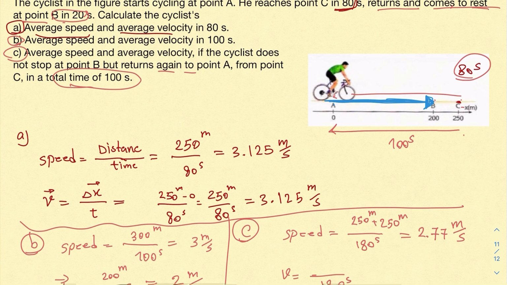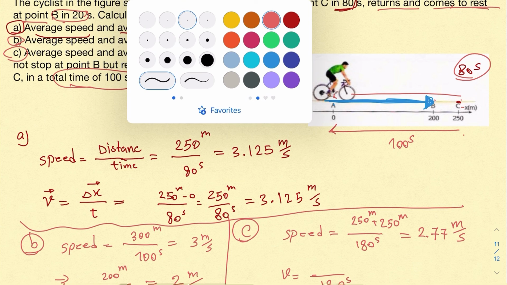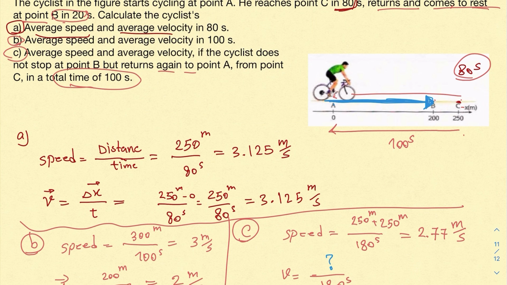But how about velocity? We still have not calculated displacement. What should I write on top of this fraction as delta x?